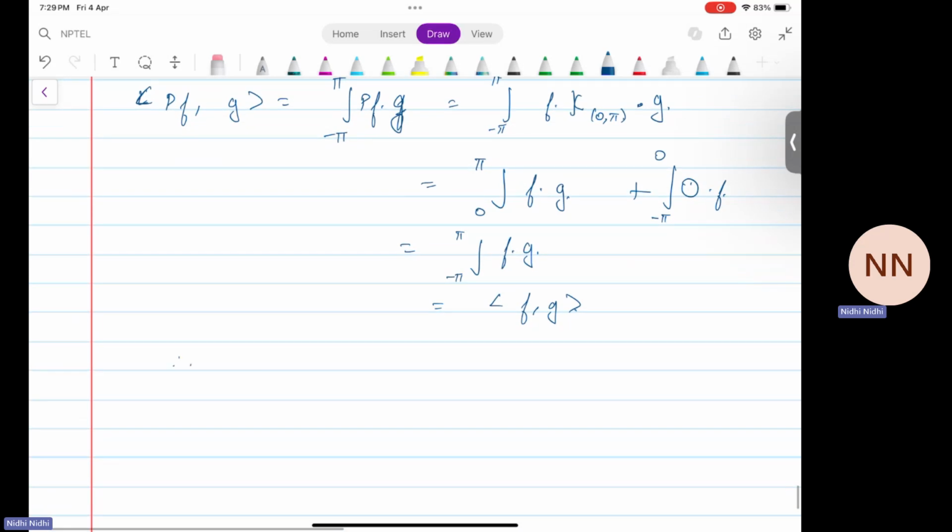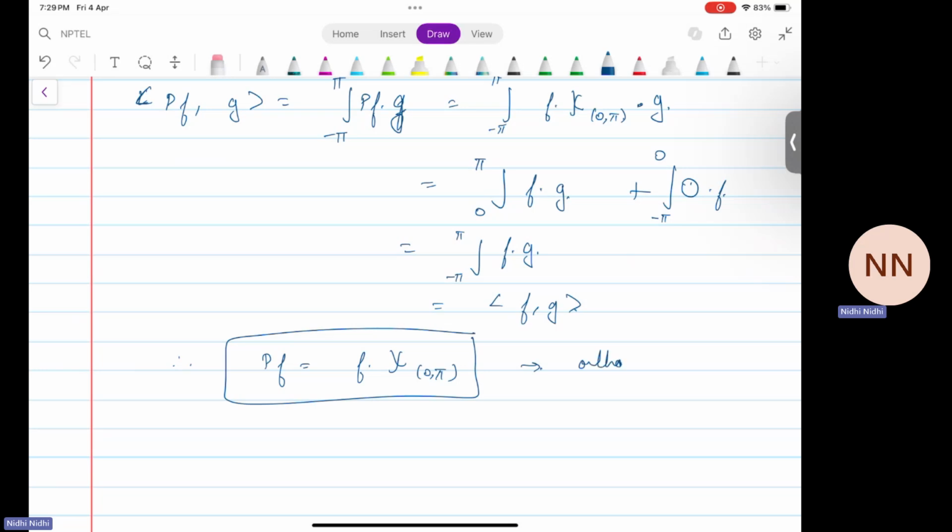Therefore, Pf mapped to f times the characteristic function defined on the interval 0 to pi defines the orthogonal projection of L2(-pi, pi) onto H, the space of all functions vanishing on the interval minus pi to 0.